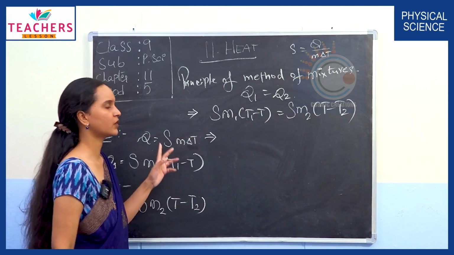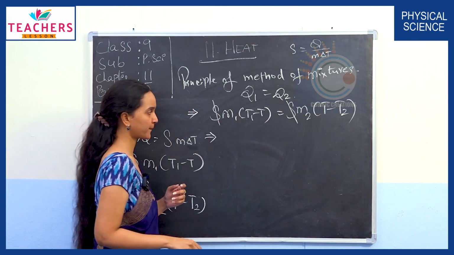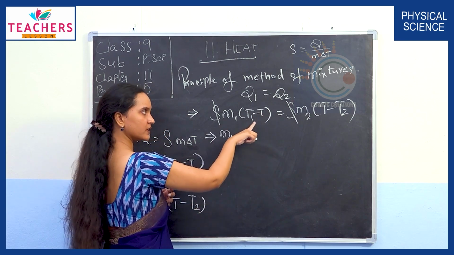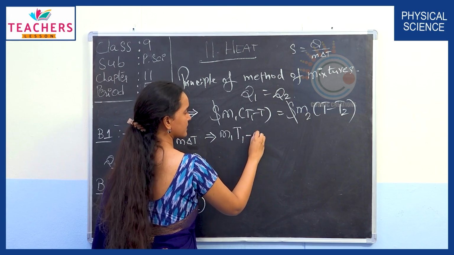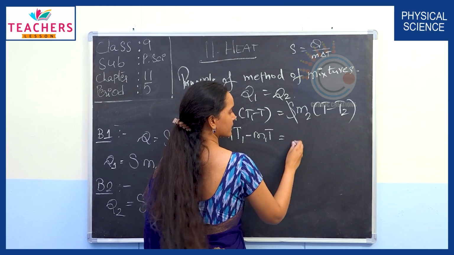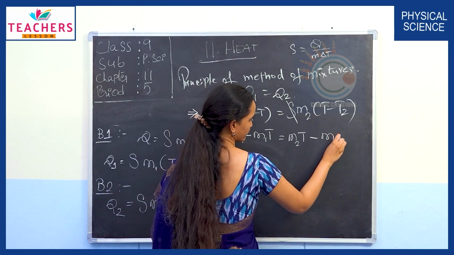S is the same on both sides of the equation, so I can cancel it. Now let's expand this equation. I'll multiply M1 with both the terms inside the bracket: M1 T1 minus M1 T equals M2 T minus M2 T2.